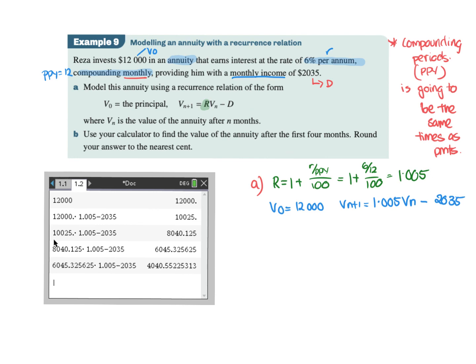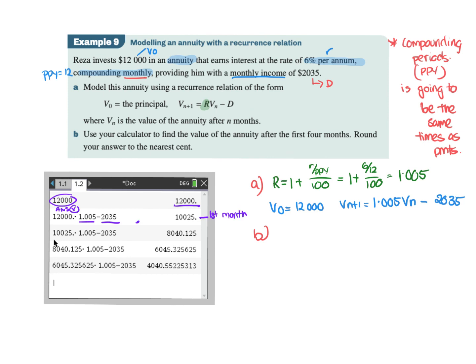Then it says, using your calculator, find the value of the annuity after the first 4 months and round your answer. You can see I've dropped it into the calculator. Remember we set it up: I put in the initial amount, press enter, and we get it there. Then I press times, and you'll see answer come up, and I did times the 1.005 minus that, all in one go, and this is after the first month.